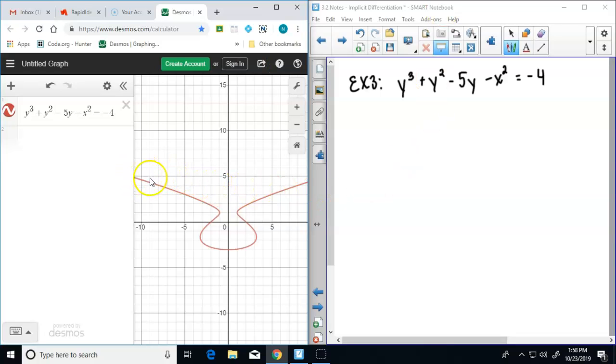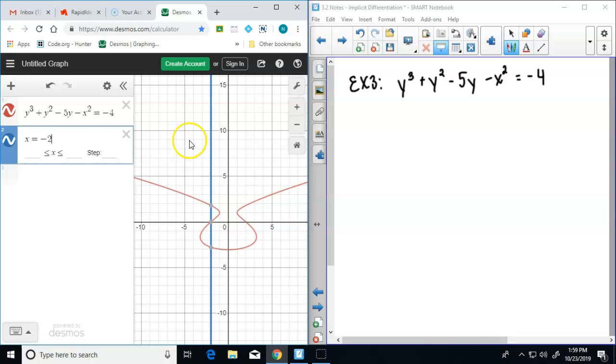It's going to be different than just a normal derivative of a function that we've looked at before, because let's say we're looking at our derivative at x equals negative 2. At x equals negative 2, I've got 3 different points where I have x equals negative 2.